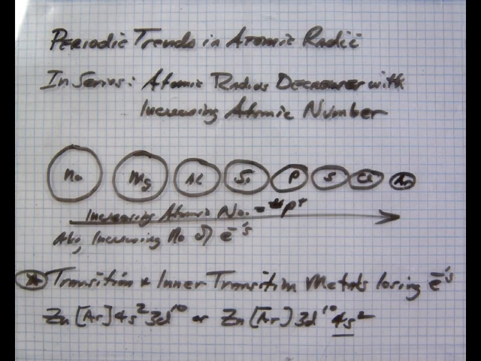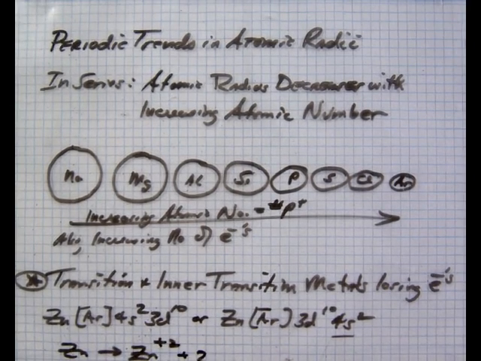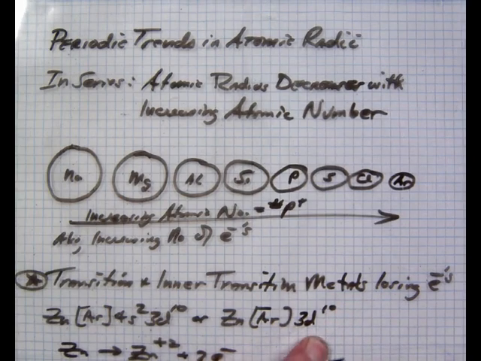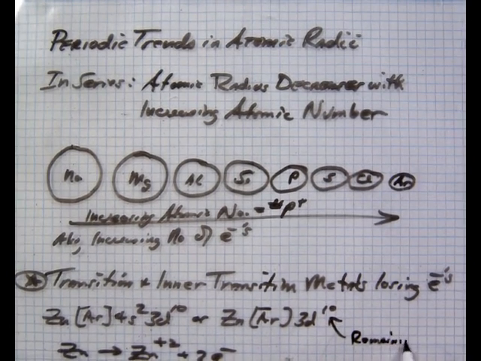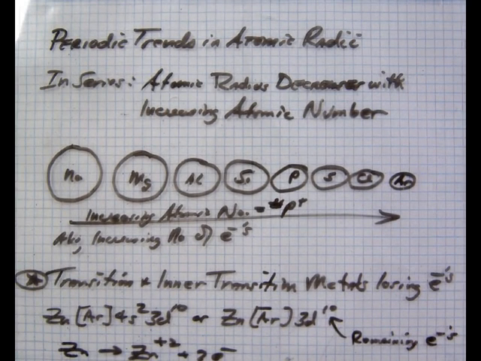Well, when zinc undergoes ionization, zinc goes to zinc plus 2, meaning a couple of electrons are lost. So this outer shell is lost. How many electrons remain? It ain't 8, it's 10.